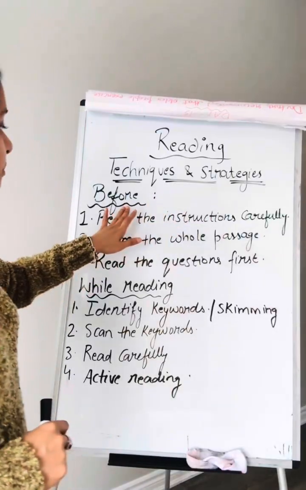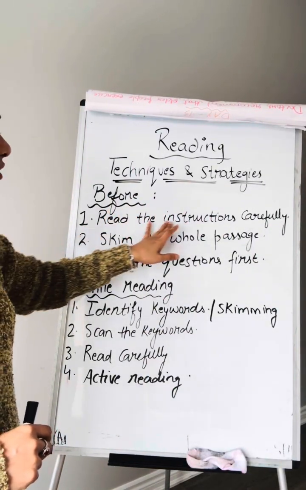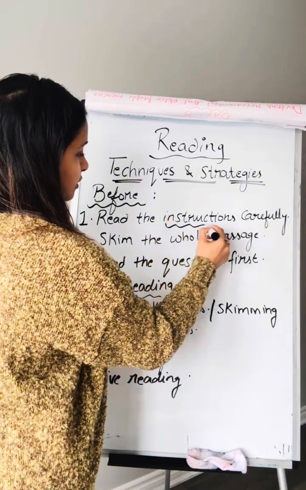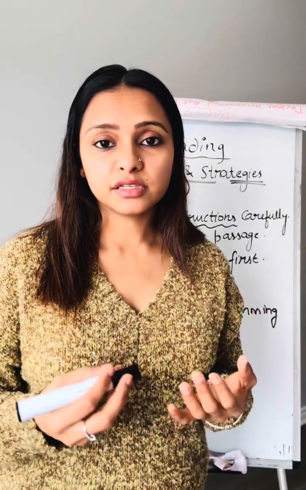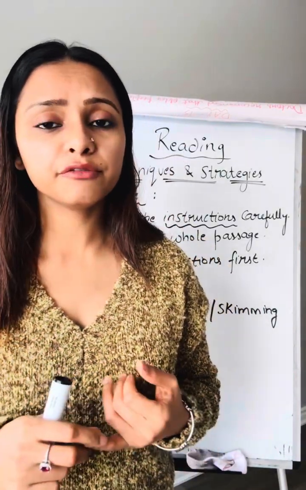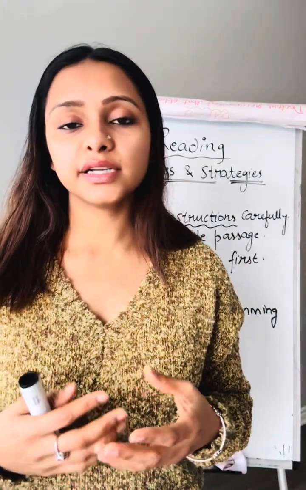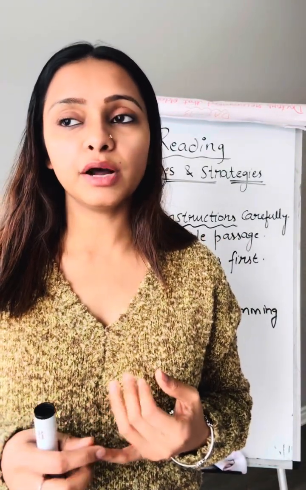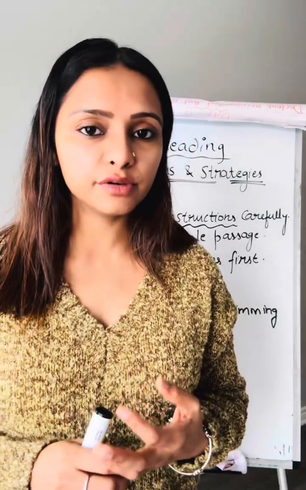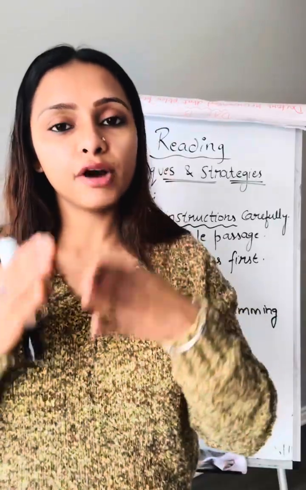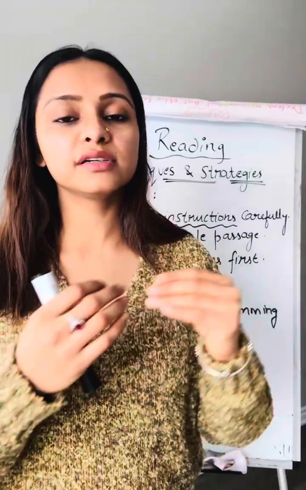Now, before you start your reading, the first thing you need to do is read the instructions very carefully. Whenever you do any type of question, such as fill-ups, you need to read the instructions, because certain things are mentioned there: whether you have to write numbers in the blanks only, or 2 words only, 3 words only, 1 word only, 1 word or a number, 1 word and a number, 2 words and a number.